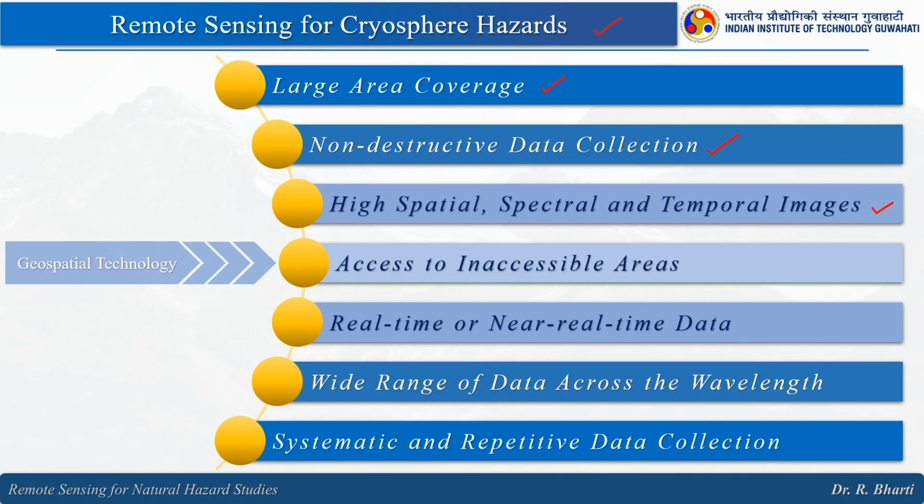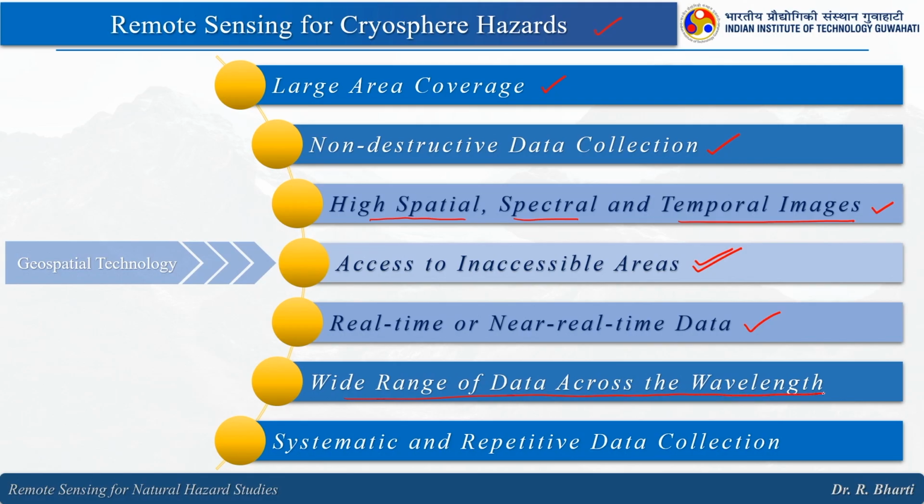With advancement in technology, we have high spatial, spectral and temporal images. And access to inaccessible areas is another advantage of remote sensing data. Then real time or near real time data sets are also available. So we see different images available in the archives of the corresponding space agencies.